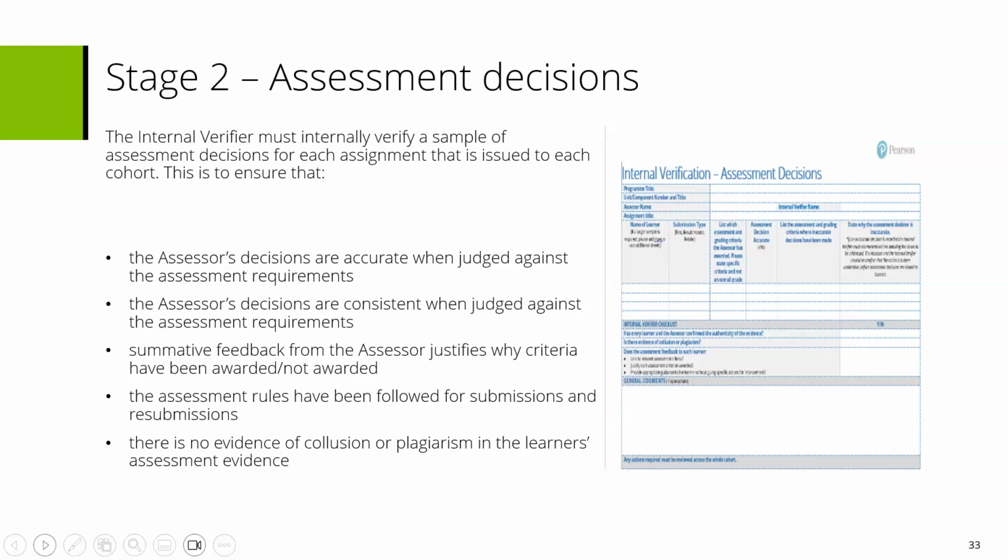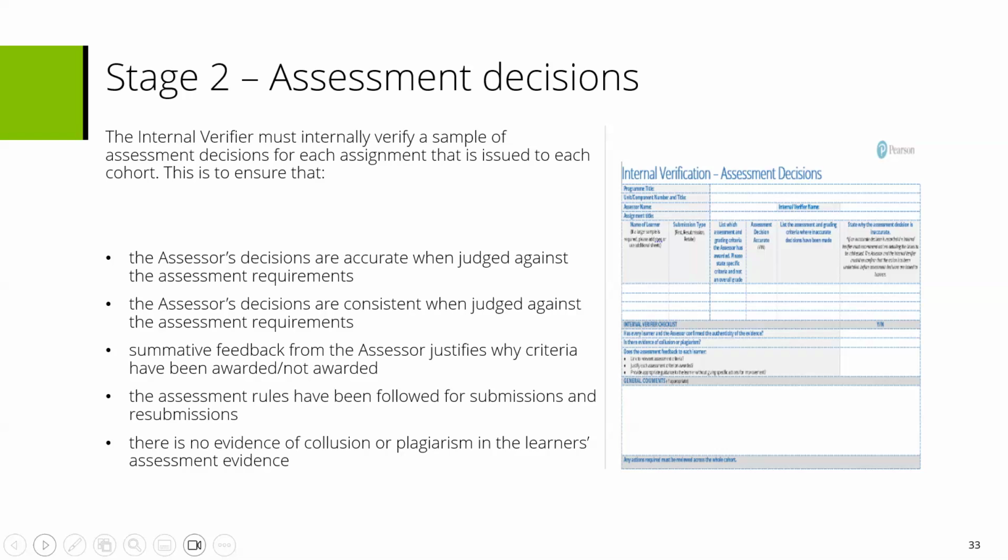Stage 2 of the internal verification is at assessment decision stage. And this is where the internal verifier internally verifies a sample of the assessment decisions for each assignment that is issued to each cohort. And this is to make sure that the assessor's decisions are accurate when judged against the assessment requirements.